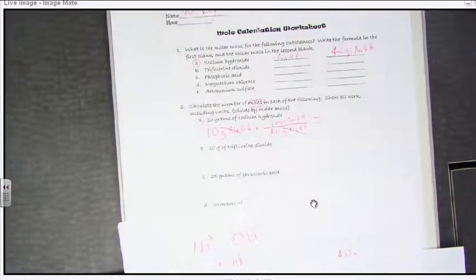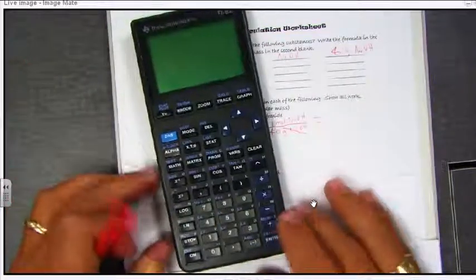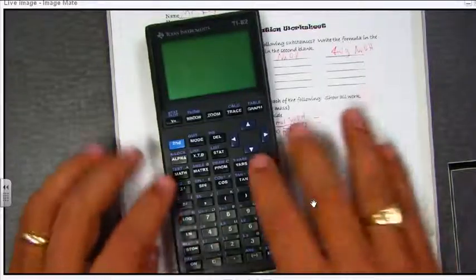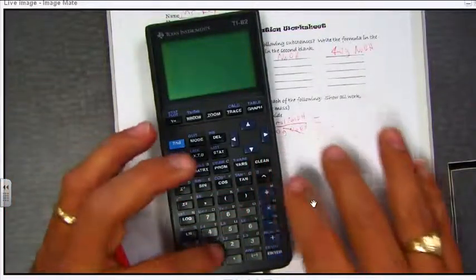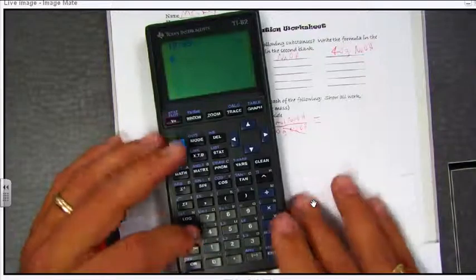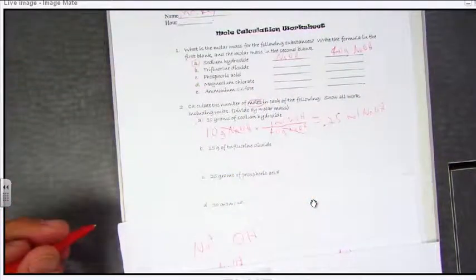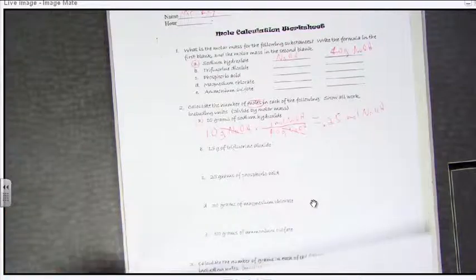And when I put that into the calculator, 10 divided by 40, I will get 0.25 moles sodium hydroxide. I'm going to go to the next part A because the next part A at the bottom is based on the same formula unit, sodium hydroxide.